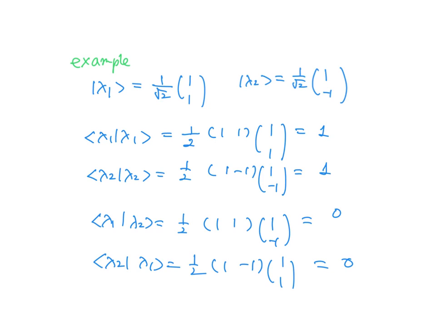So lambda 1 and lambda 2 are actually orthonormal bases. This property holds for any orthonormal basis, but I can move on to the next page.